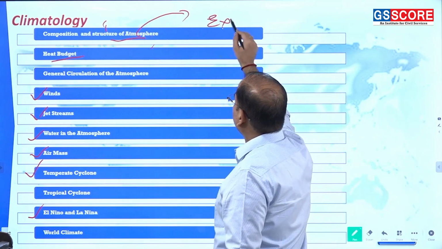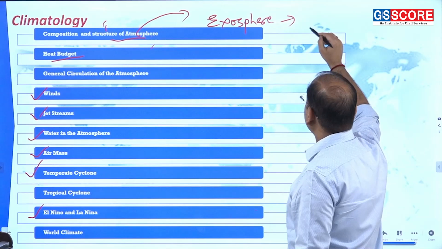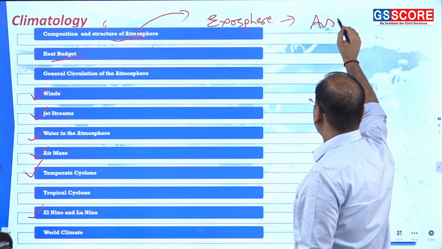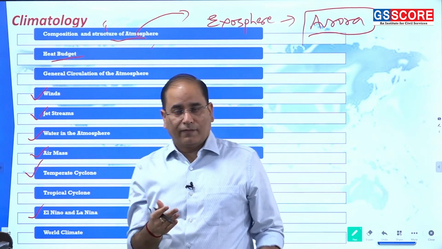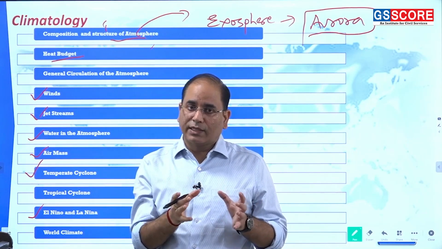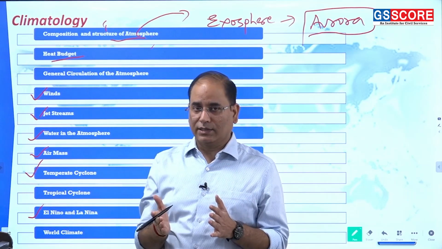Within the exosphere, we have a lighting phenomenon which is known as auroras. So aurora is a topic that is associated with both general geography as well as climatology.